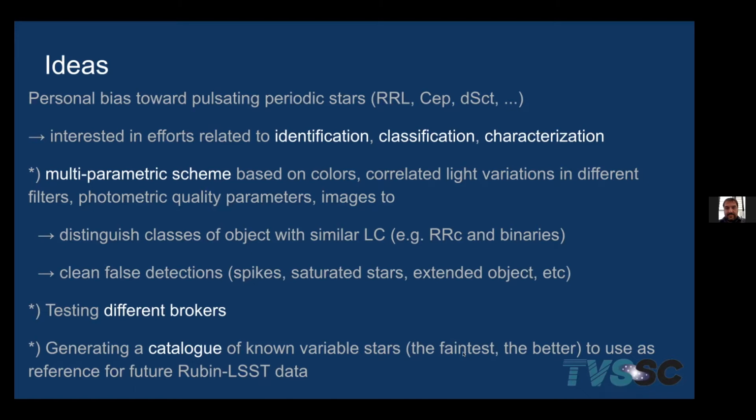Because this can be very useful to distinguish different classes of objects with similar light curves, keeping in mind that for quite a long time we will not have for each individual source a lot of phase points. At the beginning, it will be very difficult to distinguish, for example, RRc type from binary stars in some cases, because sinusoidal light curves can be difficult to distinguish and periods can be difficult to find.